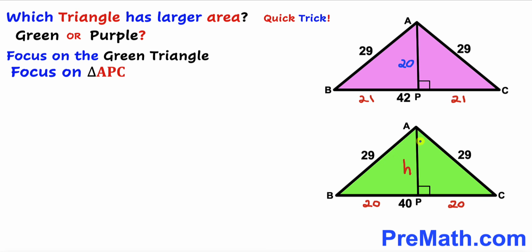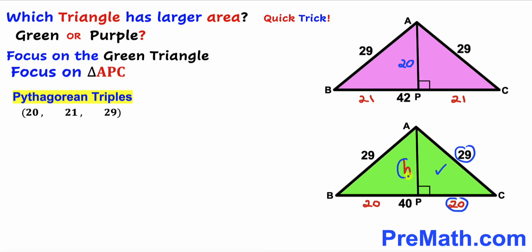Now we are going to focus on this green shaded triangle, and on this right triangle APC as well. Let's recall these well-known Pythagorean triplets once again: 20, 21 and 29. We can see in this triangle APC, this number is 29, this number is 20.